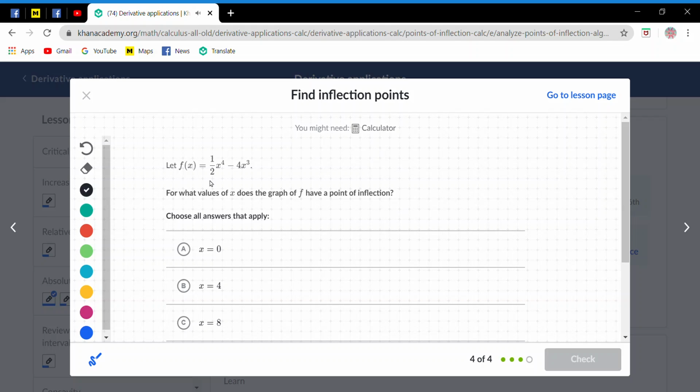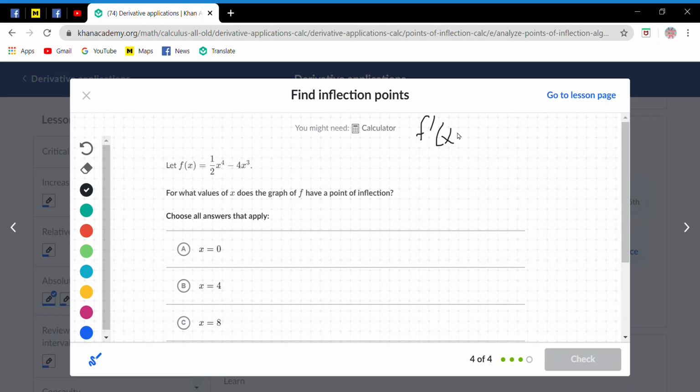Let f of x equal 1/2 x fourth minus 4x cubed. For what values of x does the graph of f have a point of inflection? So first let's find the f prime of x.